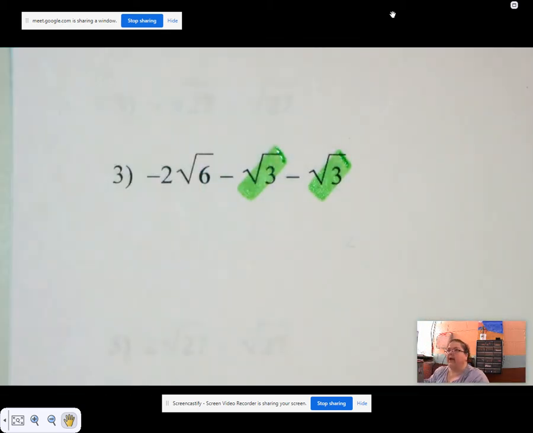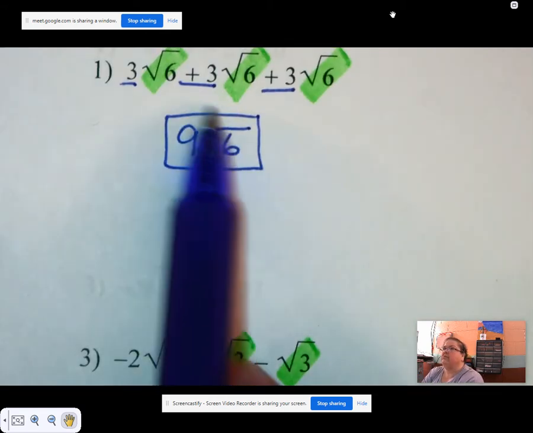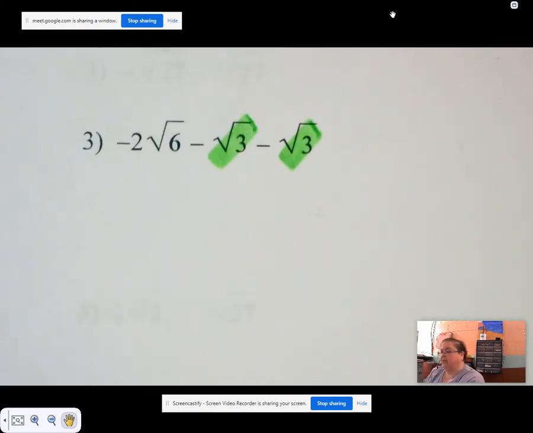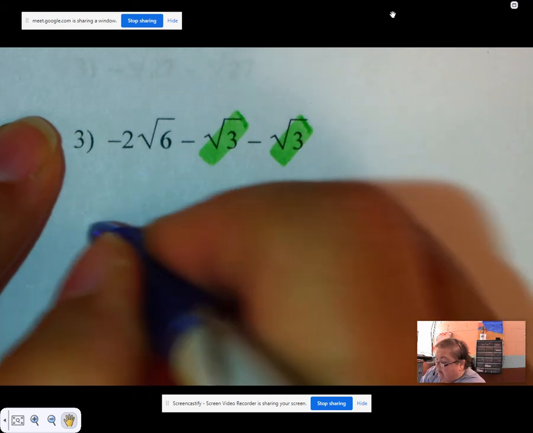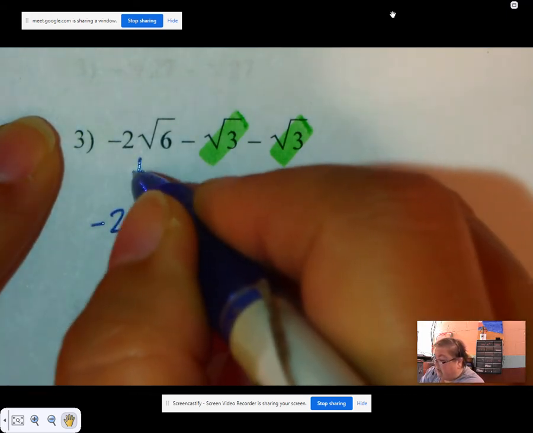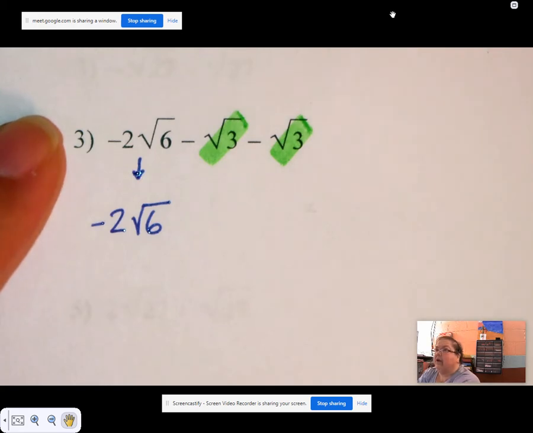Those are my like radicals. So when combining with radicals, I'm not always going to get a pretty little answer like this. Sometimes it's going to look like example 3 here, where negative 2 root 6 is just going to come straight down because it doesn't have a like radical, so I just bring it down.